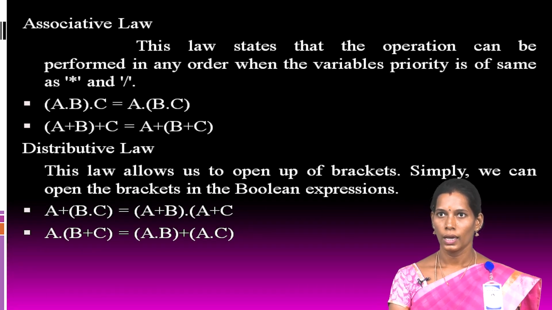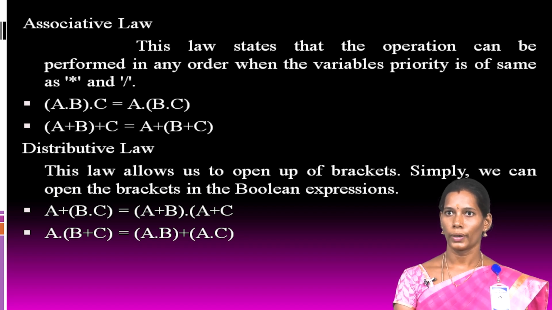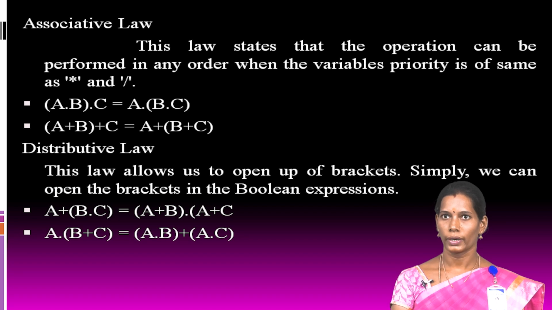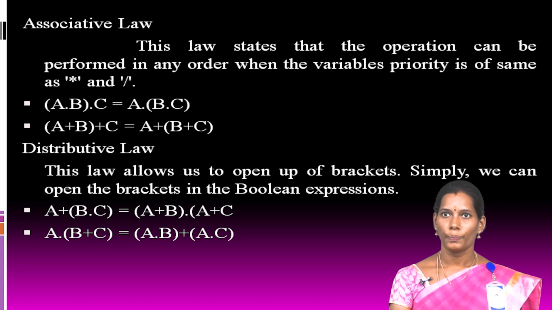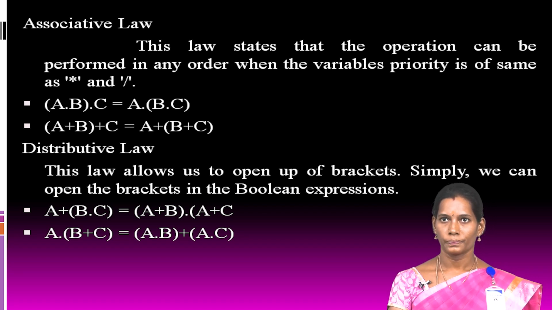This law states that the operation can be performed in any order. For example, A into B into C equals A into B into C. Same as A plus B plus C equals A plus B plus C.